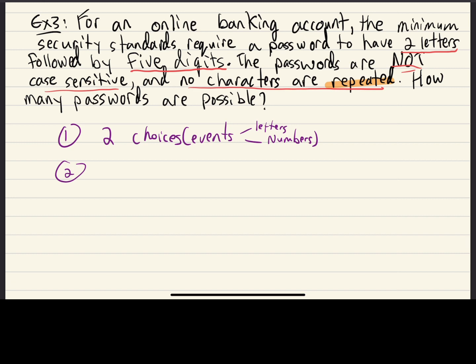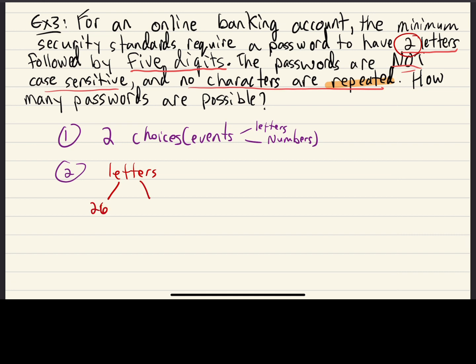Well, if you think about the alphabet, so one event is the alphabet, so our letters. Well, there are 26 letters in the alphabet. So your first event out of the 2 letter events, okay, because there's 2 ways to do letters here, that'll have 26 choices.